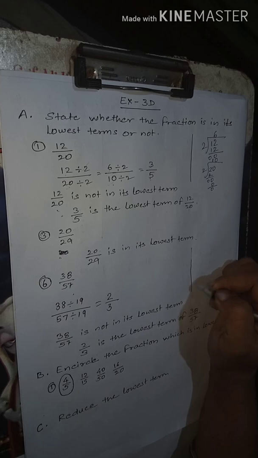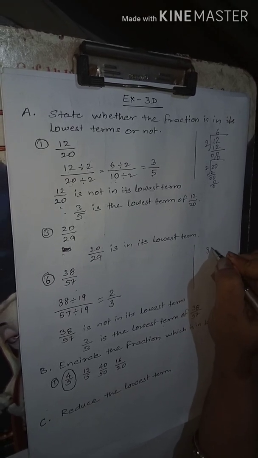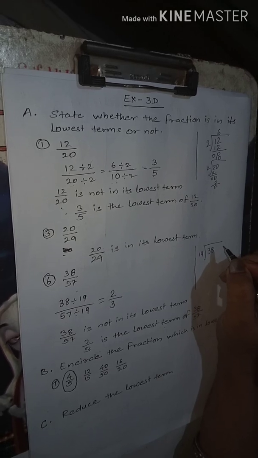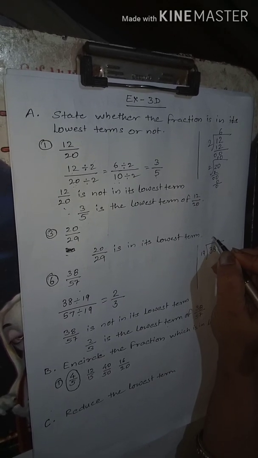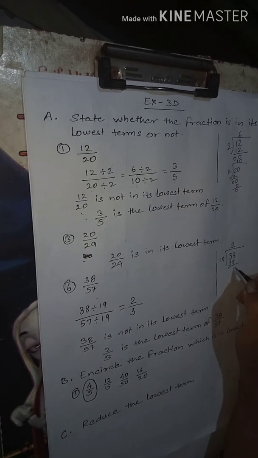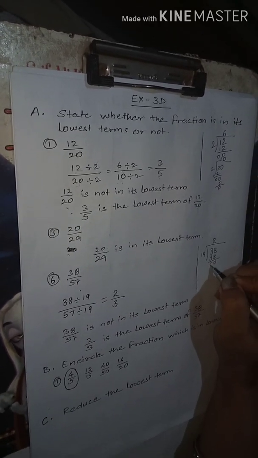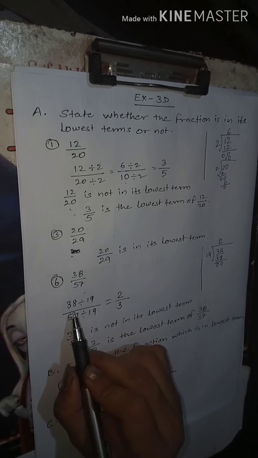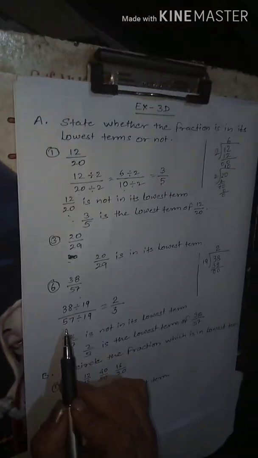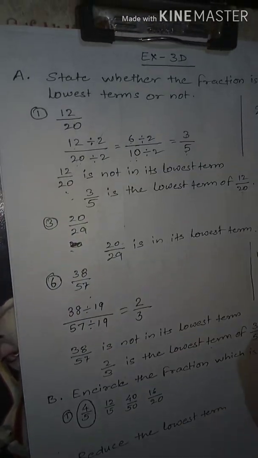You count the 19 table. 19 ones are 19, 19 twos are 38. So this 38 is divisible by 19. So 38 divided by 19 equal to 2. And 57 divided by 19.